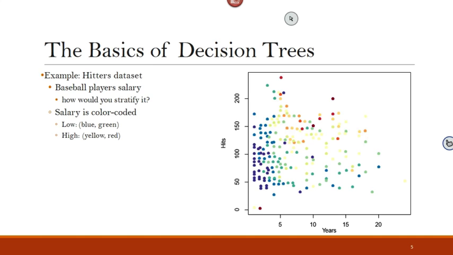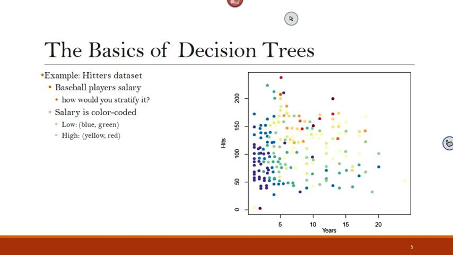We're looking at the years of experience for each baseball player, and the number of hits in previous leagues for each baseball player, and we color coded their salary. So the blue and green, that's low salary, and the red and yellow high salary.